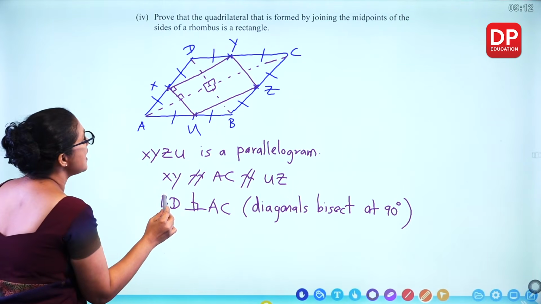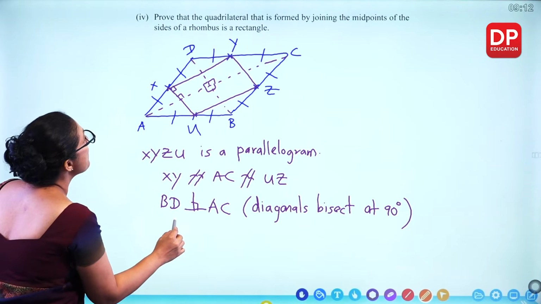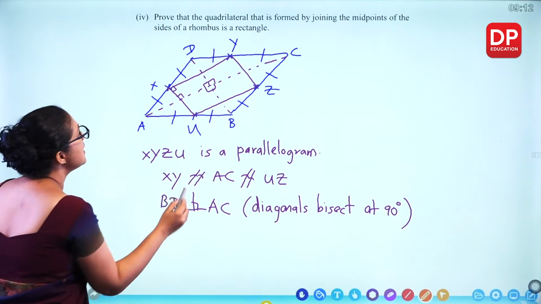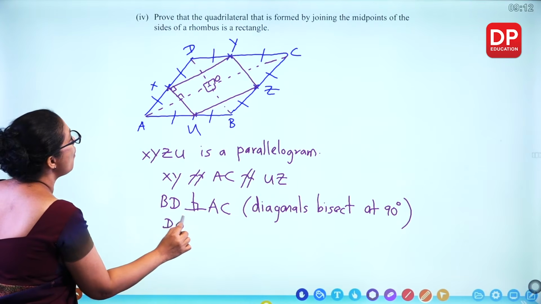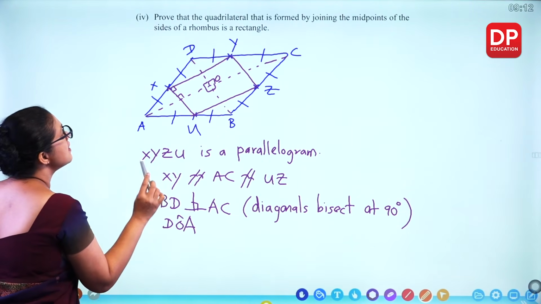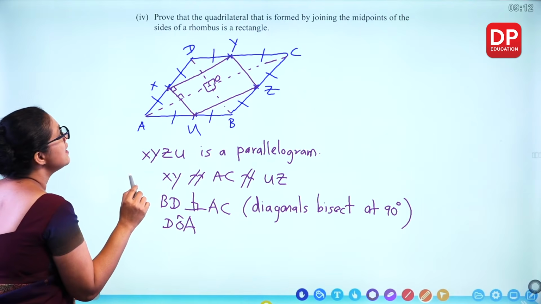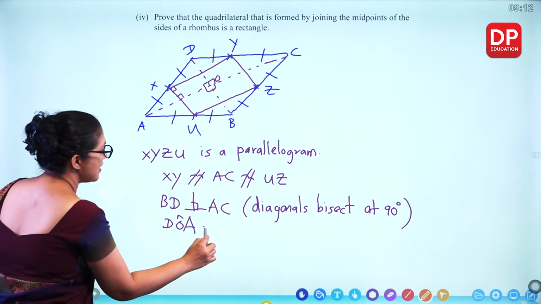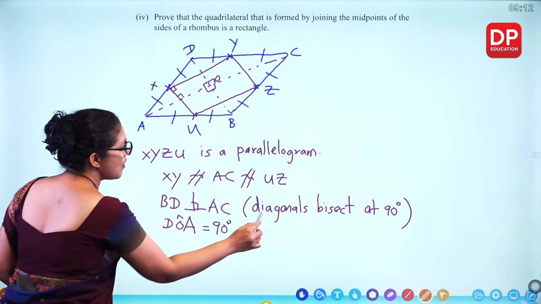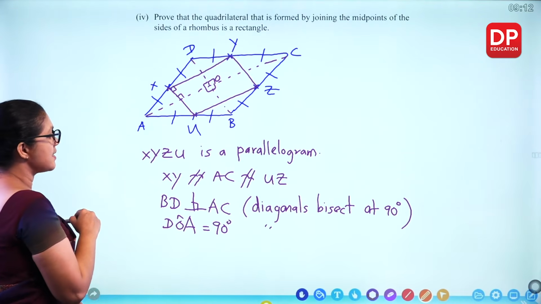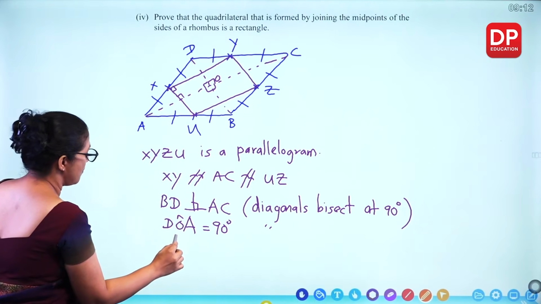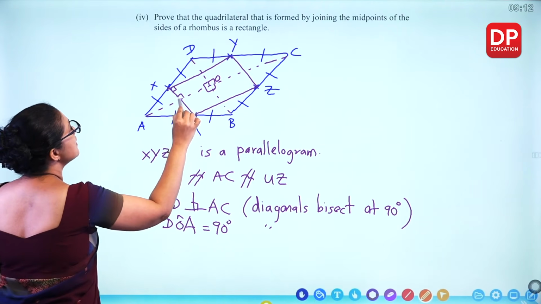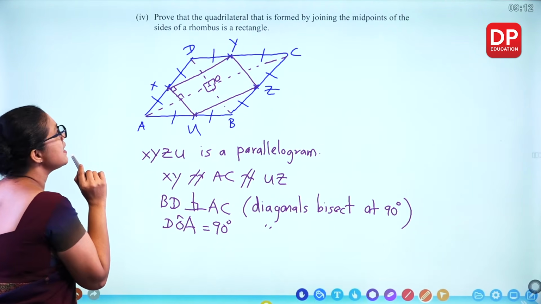So we can say D, we'll put O or something, DOA angle is 90 because diagonals bisect at 90, and then because of that this angle is 90.